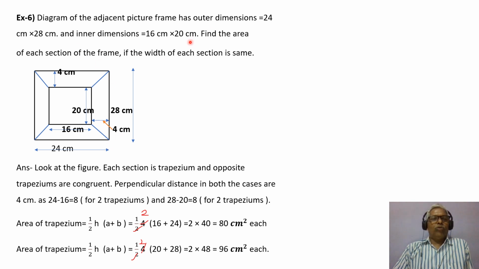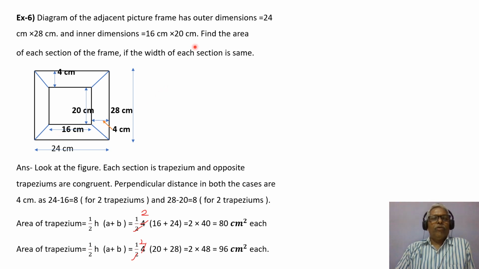The inner dimensions are equal to 16 and 20 centimeters. Beside the 28 is 20, and beside the 24 is 16. It could have been the other way around, but it is not.